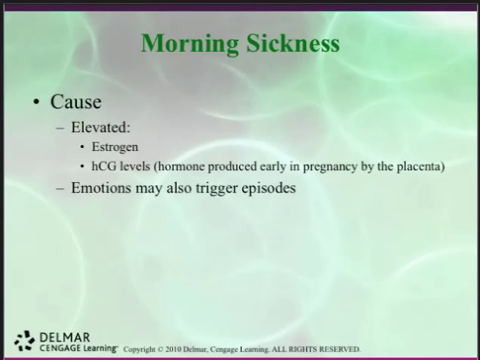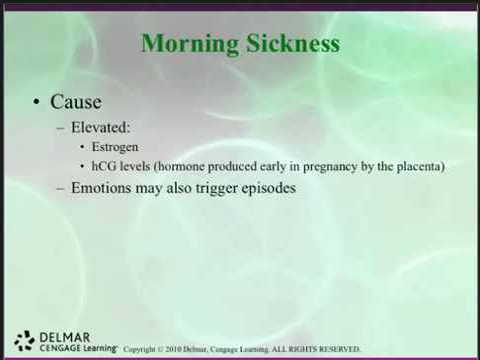As the corpus luteum persists, it produces hormones that maintain the endometrial lining and as a result provide nourishment for the full 9 months of the pregnancy. Women experience morning sickness often because of the buildup of HCG or one of its isoforms, as well as the buildup of estrogen or estradiol.